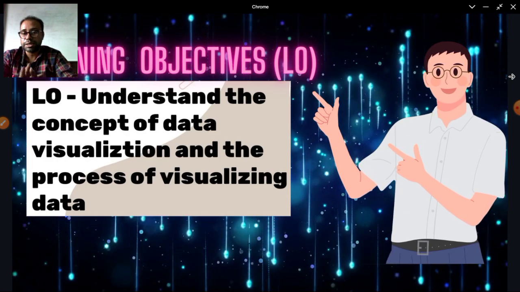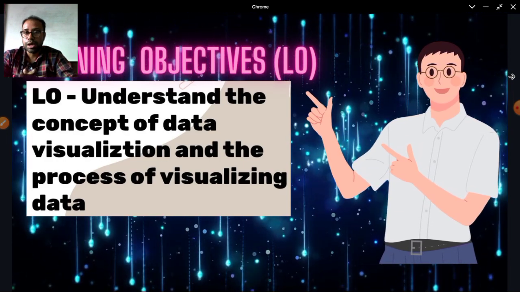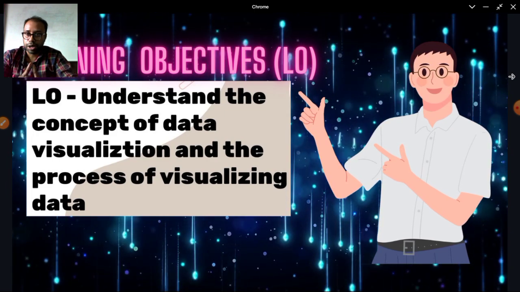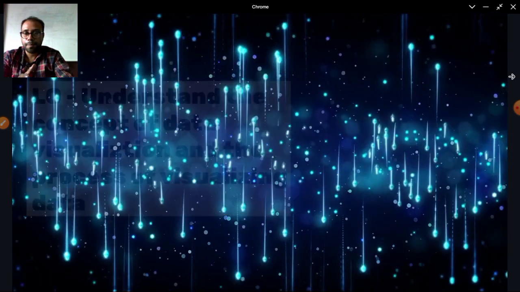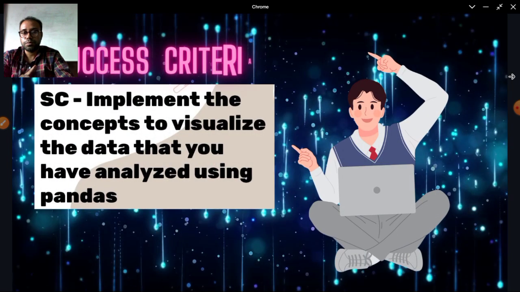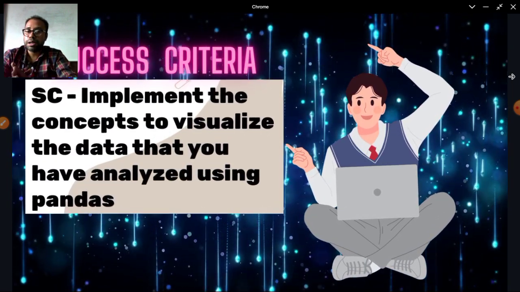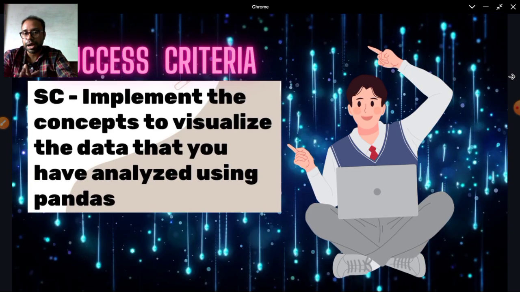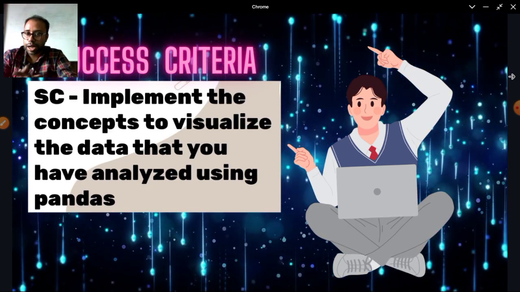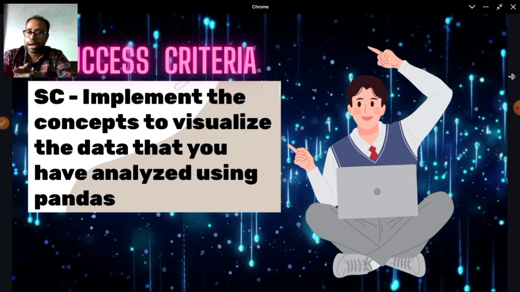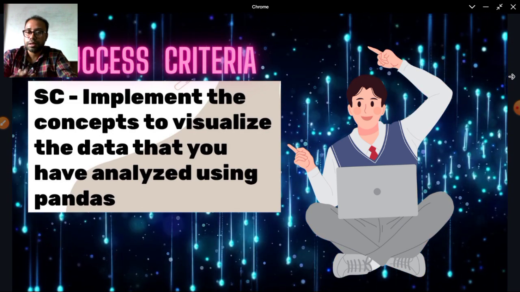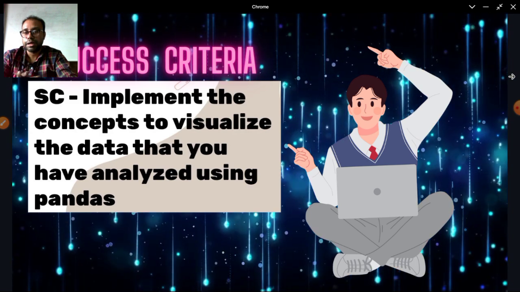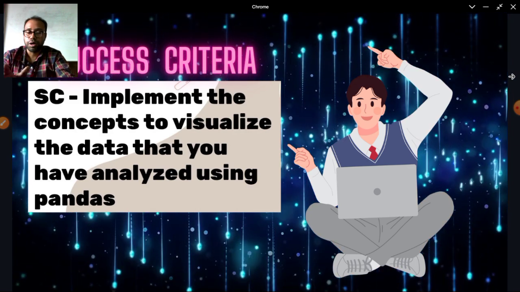And we can only successfully do this if we understand the true cause or nature of data visualization. Now, to implement the concepts, our success criteria of any student will be determined if you know how to visualize the data, you know how you can analyze the data using pandas, then only you will be able to understand how data are basically represented visually.